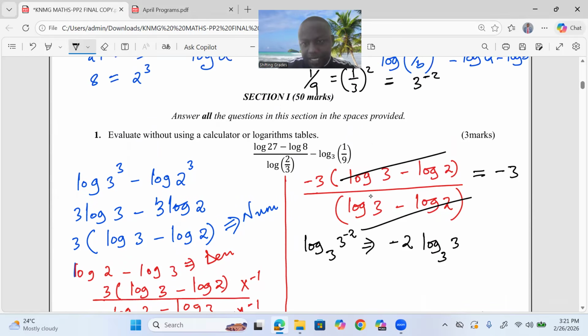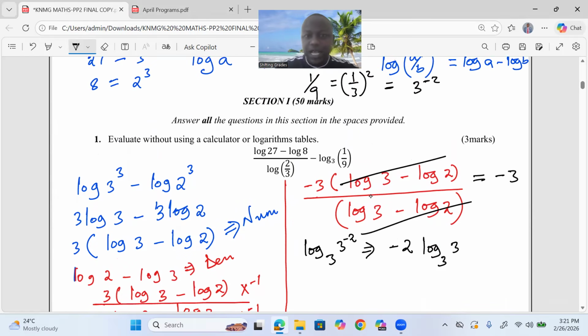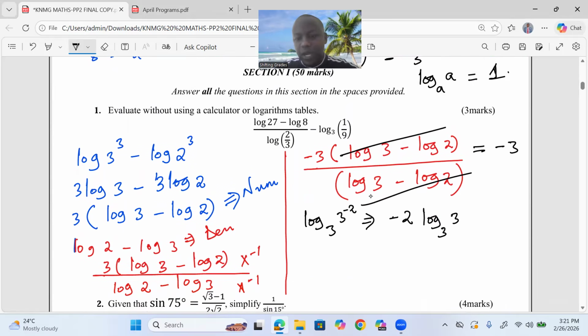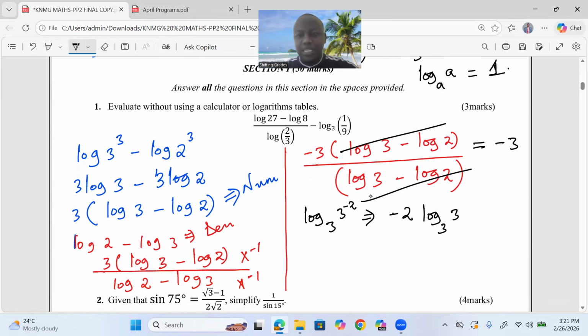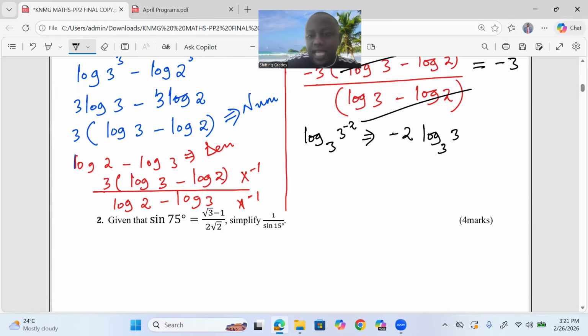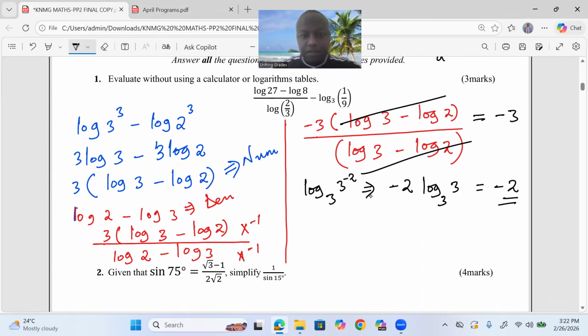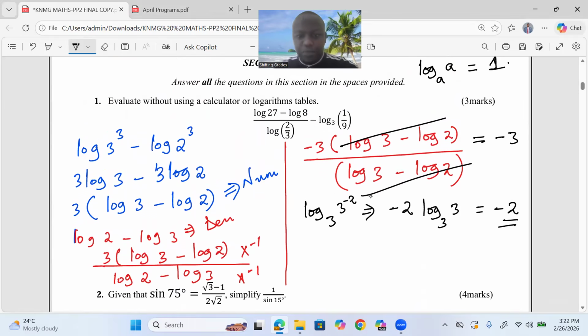We get back again to the laws of logarithms and claim that when we have the logarithm of a number, let's say a, to the same base, the value of such an expression is 1. So the log of a number to the same base is usually 1. And therefore, from this, we have -2 as the overall value. -2 becomes the overall answer from the second part of this particular expression.